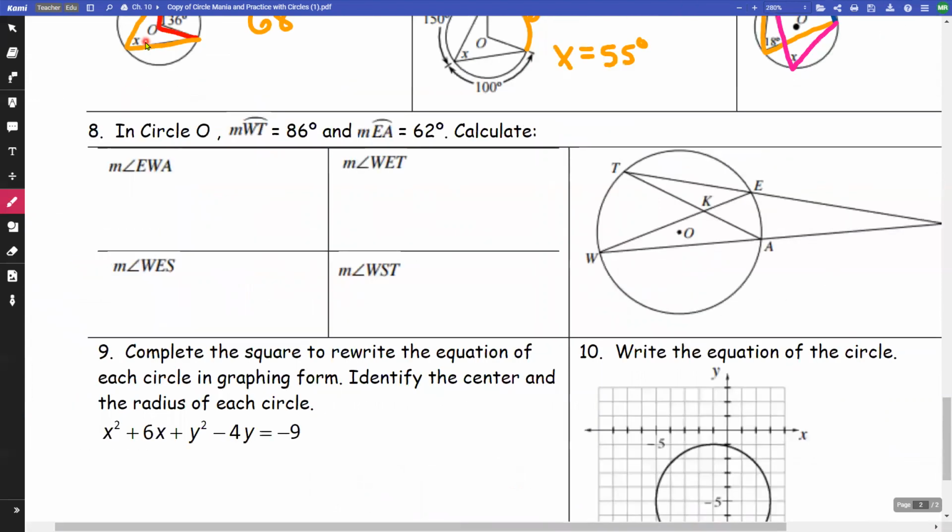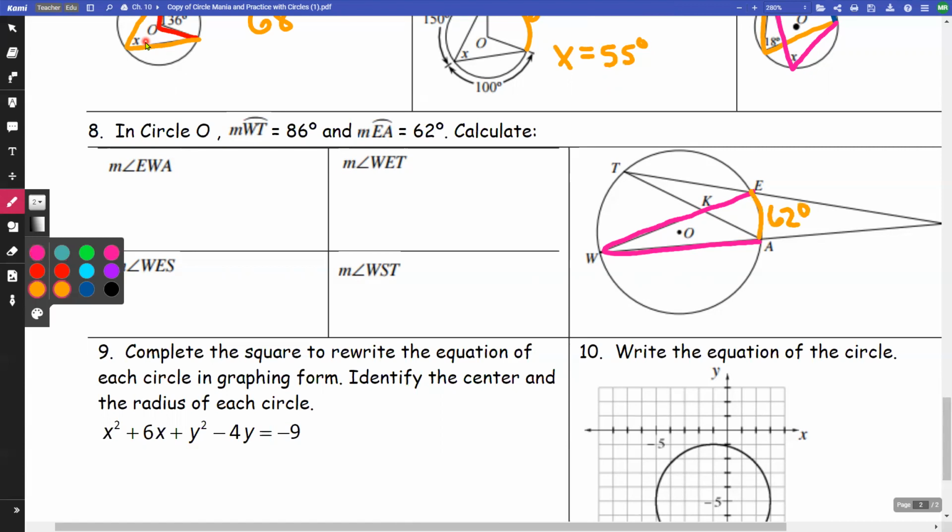Okay, in this one, EWA is that inscribed angle that we know this arc right here is 62 degrees, which means that's going to be half of that, which is going to be 31 degrees.